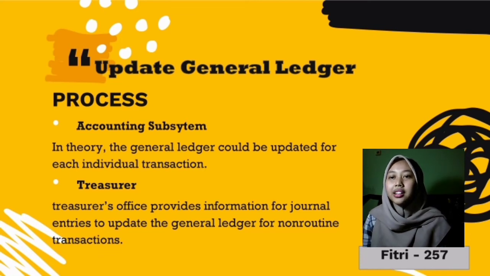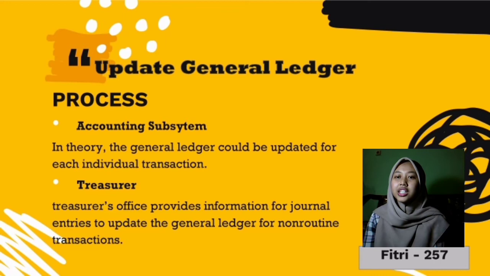For example, the revenue cycle subsystem will generate a summary journal entry debiting accounts receivable and cash, and crediting sales for all sales made during the update period. Similarly, the expenditure cycle will generate summary journal entries to record the purchase of supplies and inventories and to record cash disbursements in payment for those purchases.